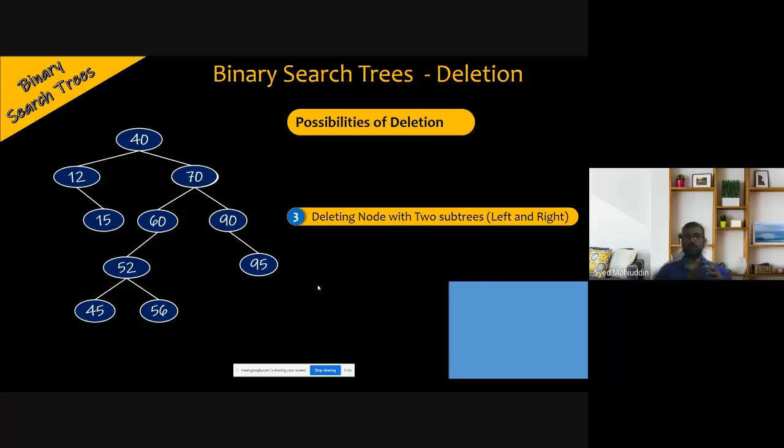If you have two subtrees, you can select the left subtree and choose the largest element or node and replace the node which we are deleting, and subsequently create the links. If we consider the right subtree, then choose the lowest or smallest element, replace the node which we are deleting, and subsequently attach the links. So this was the basics of binary search trees or dictionaries.